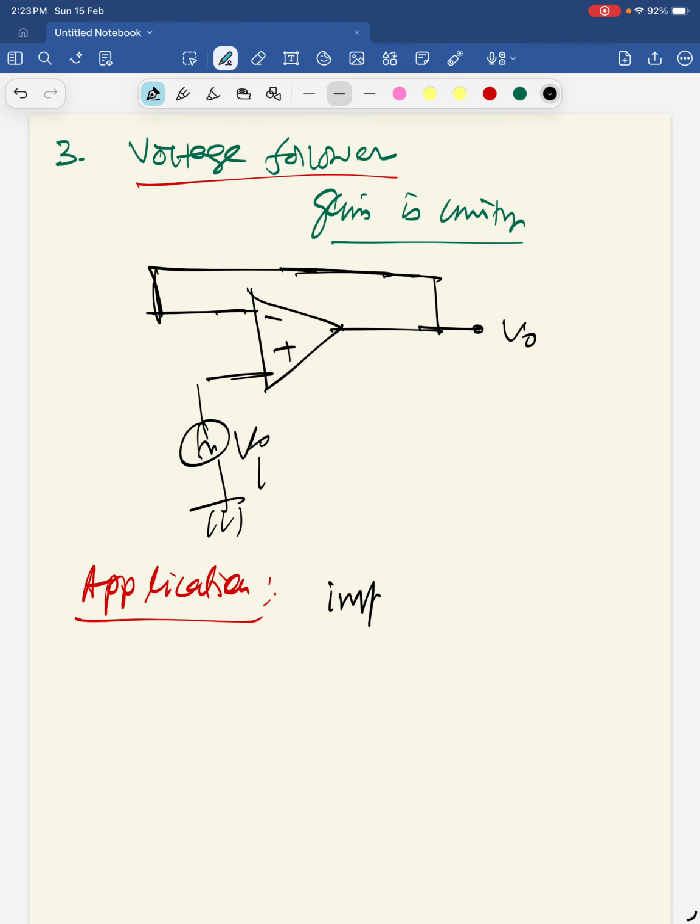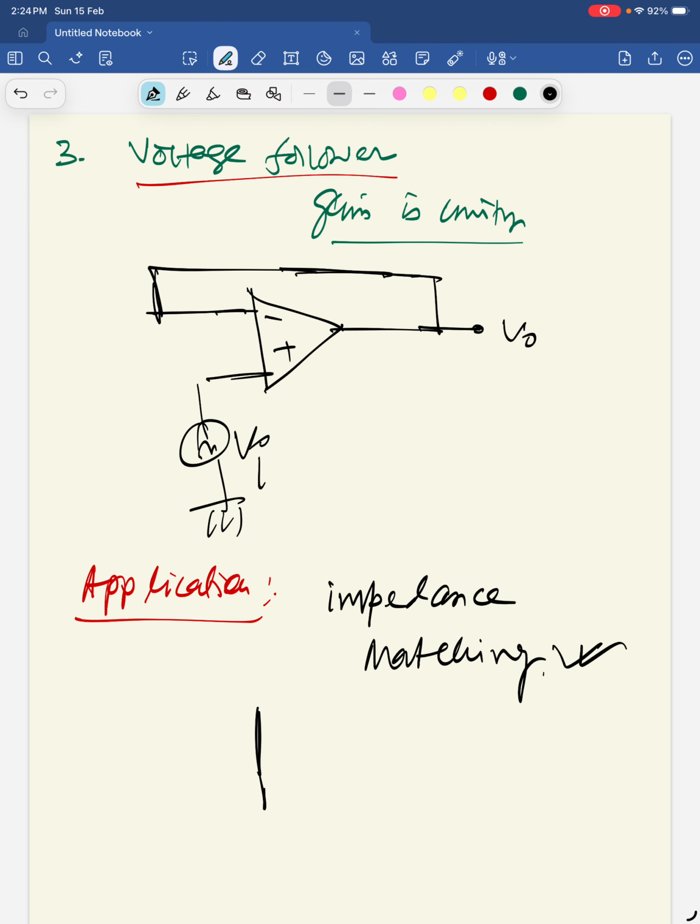impedance matching. You must remember that a voltage follower can be used as a buffer in between two stages, as a buffer for impedance matching, that is, to connect a high impedance source to a low impedance load.